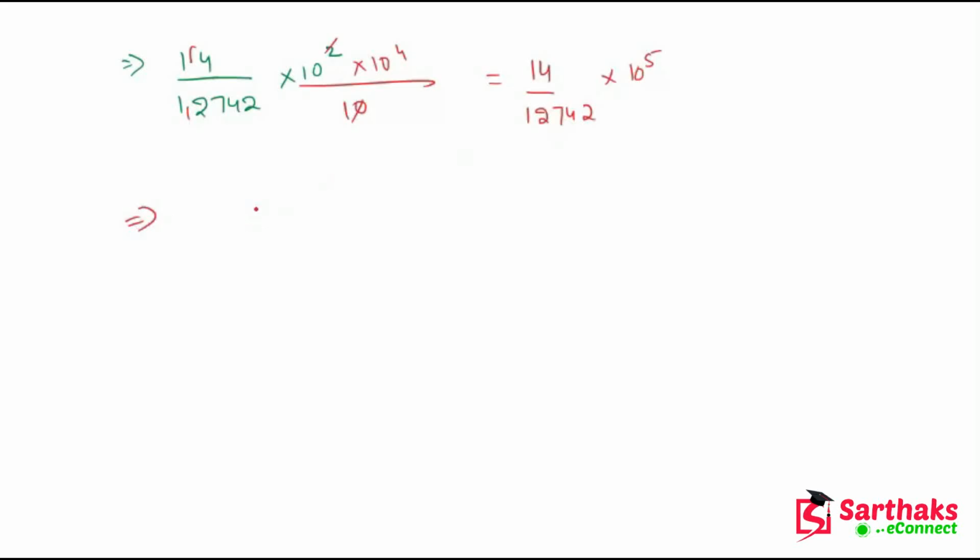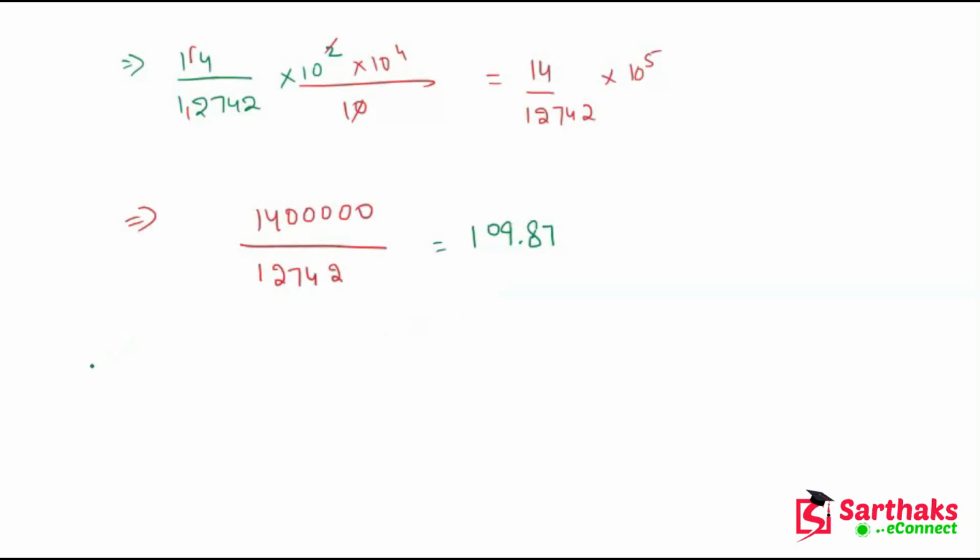So now this will become 14,000,000 divided by 12,742. If we divide this, we get 109.87.